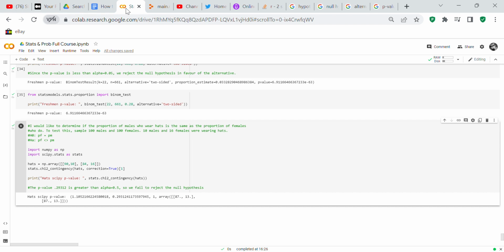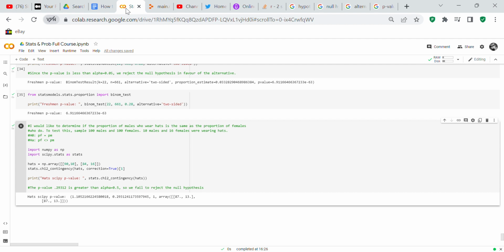So we're importing scipy.stats as stats. So hats equals np.array. We make an array of 90, 10, and 84, 16. Because you had 100, so 100 minus 10 is 90, and 100 minus 16 is 84.